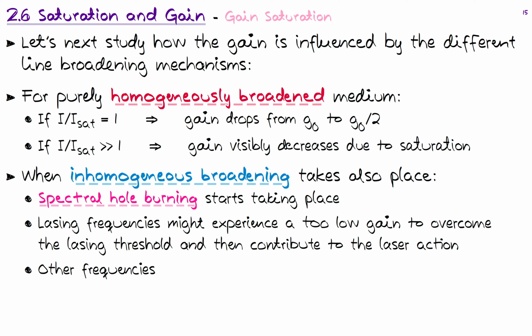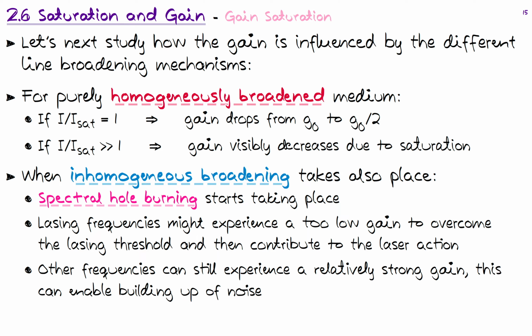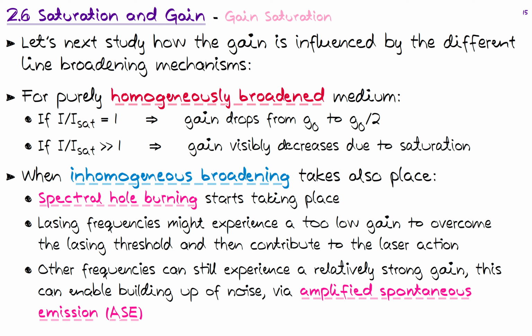But other frequencies can experience relatively strong gain, and these can end up in a harmful buildup of noise. This is known as amplified spontaneous emission, so ASE noise. And this is extremely important when we are looking at real lasers and real amplifiers, because this amplified spontaneous emission noise is many times the ultimate killer of the performance of this instrumentation. So this is what I wanted to say to you during this lecture.